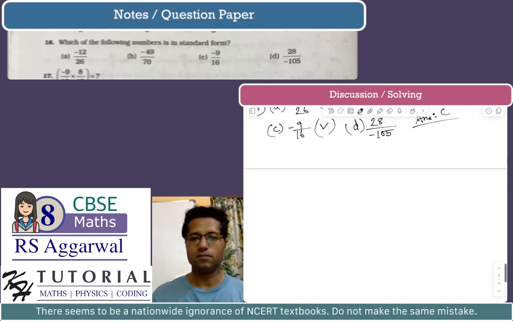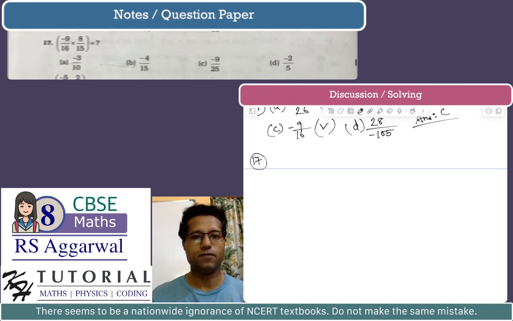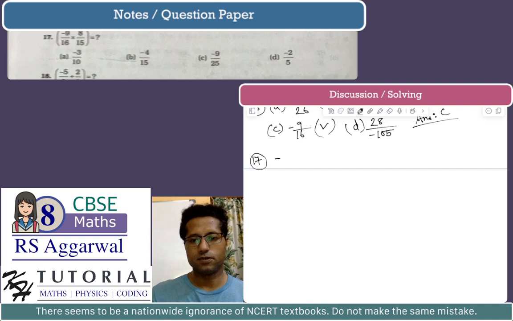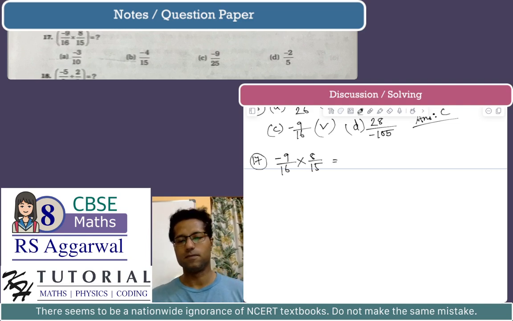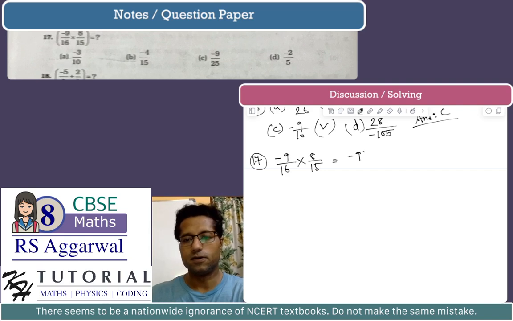Let's do problem number 17. We have to simplify, and the simplification is minus 9 by 16 multiplied by 8 by 15. So this is simple multiplication of two rational numbers, and we know that multiplication of two rational numbers is nothing but the product of the numerators divided by the product of the denominators.